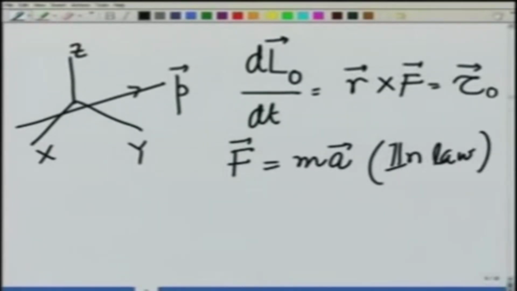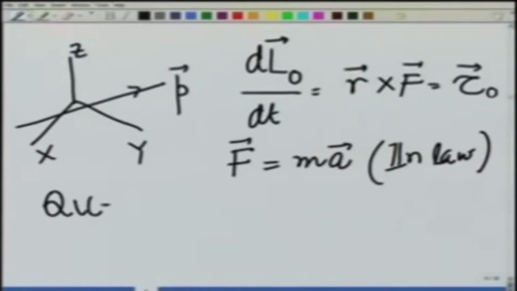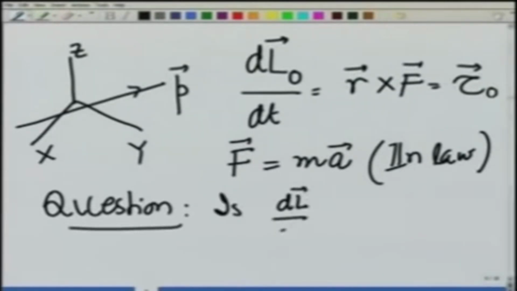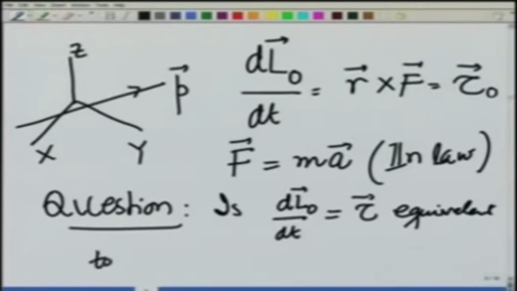Except that now, instead of talking about change in momentum, I am talking about change in angular momentum. Are the two equivalent? So, the question we now have is, is dL/dt equals tau equivalent to F equals ma or dp/dt?